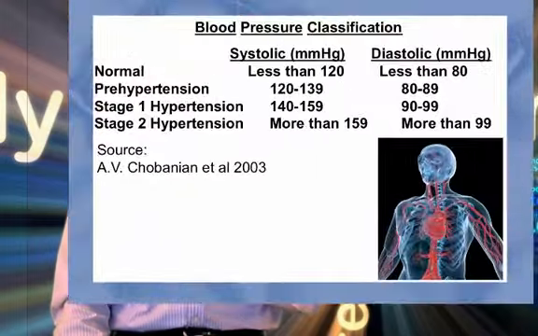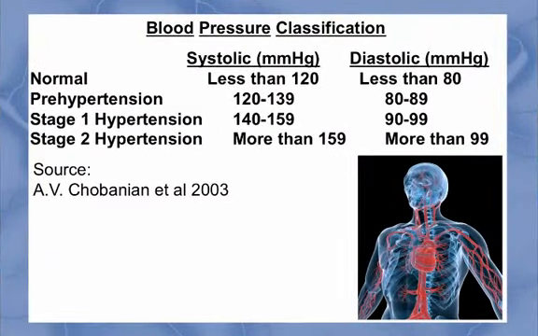On the screen I placed a chart to help you understand the general guidelines your physician looks at in determining if you have a blood pressure concern. As you can see by the chart, if your blood pressure is 120/80 or below, then you have normal blood pressure. If your blood pressure is 120/80 or more, then you have some concern depending upon how high above these numbers your reading is.